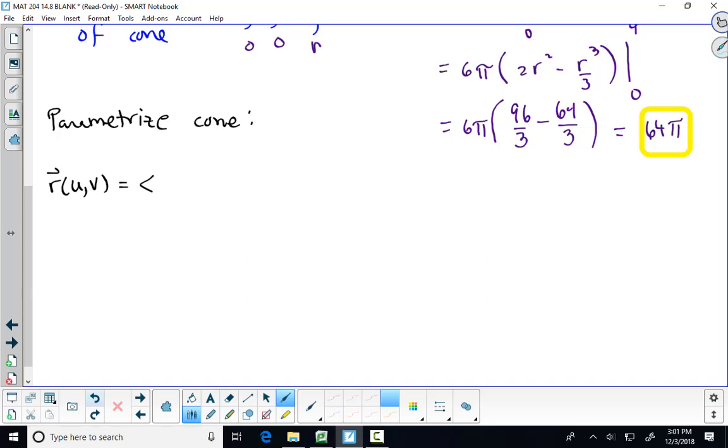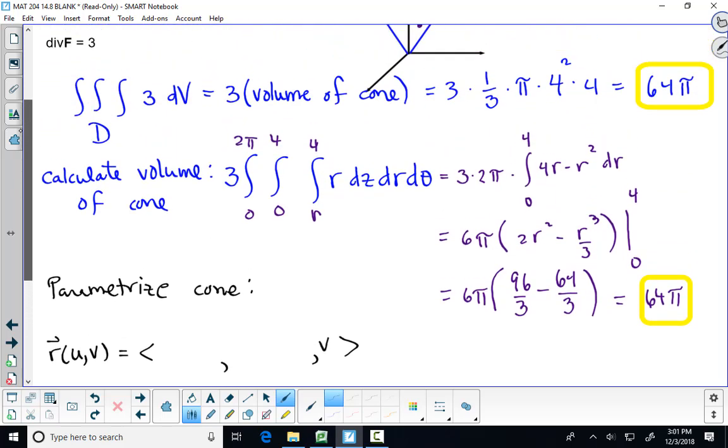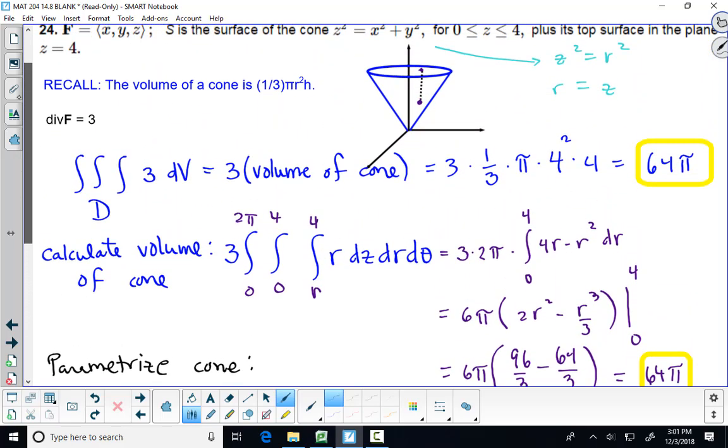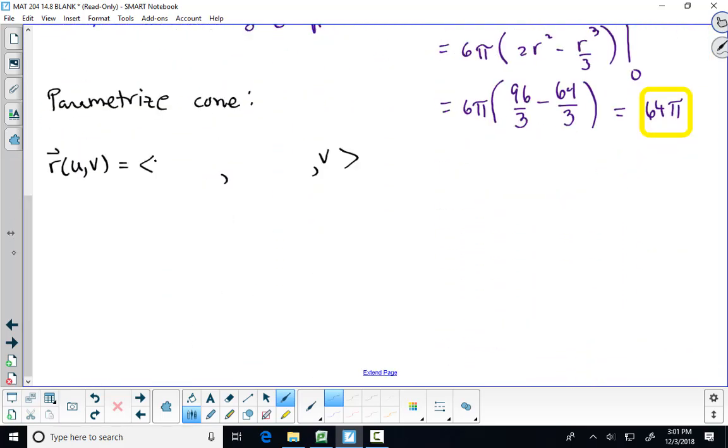Let's start with z, and we'll let z be v. If that's v, then over here we have an r cosine of something and an r sine of something, but r is just v. So it's going to be v cosine of u, v sine of u.